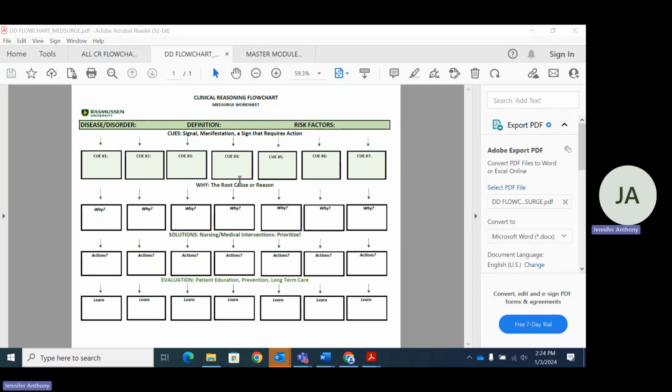So this is the part that would be done in patho, the disease disorder, the definition, and the risk factors. Then you have all your cues, all your whys, but then solutions. What nursing or medical interventions, and be sure to prioritize. That is called taking action now. What would you do for this person? And then we evaluate through patient education, primary, secondary, tertiary prevention, or long-term care?